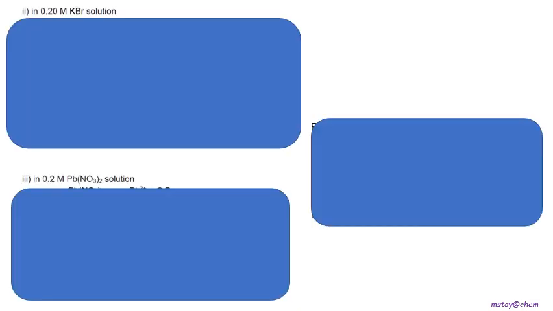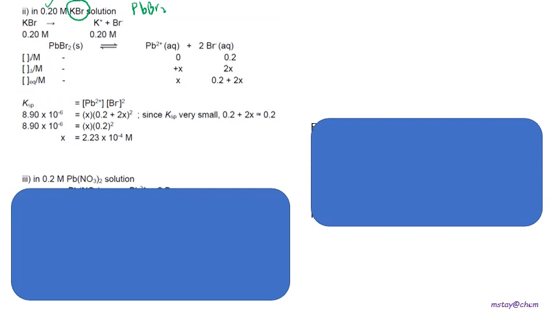So in B2, now you are going to dissolve the PbBr2 in the KBr solution where the concentration of KBr is 0.2 molar. As usual, we are going to write the equation for the KBr. KBr is a salt, so it will dissociate completely.